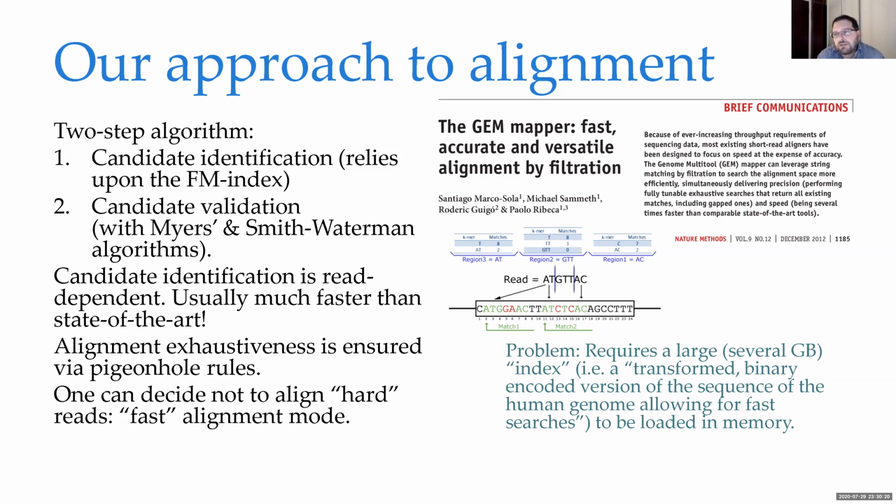The sequence is transformed in such a way that once you load this transformed version into memory, you're able to perform exact searches of substrings very quickly. The problem is that this requires loading several gigs of data into memory, and usually these amounts of RAM are not available to the serverless architecture, the framework.